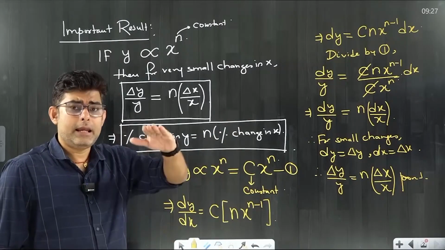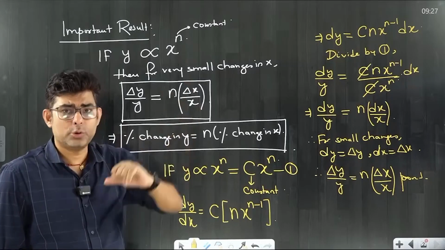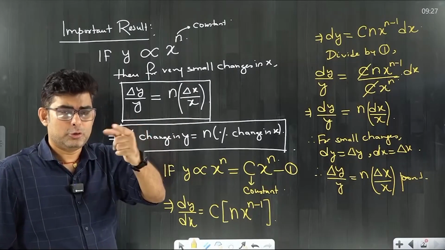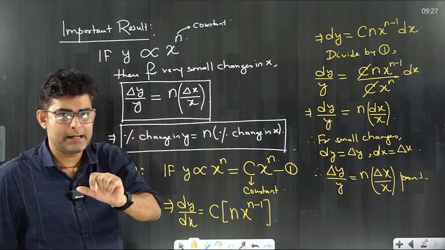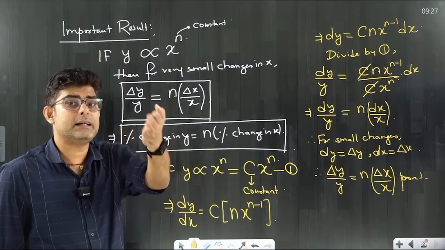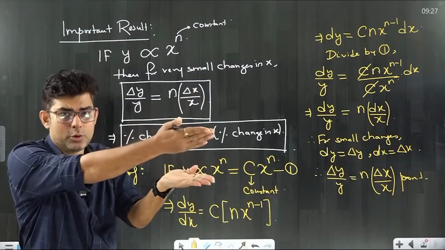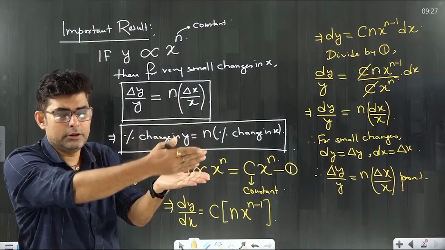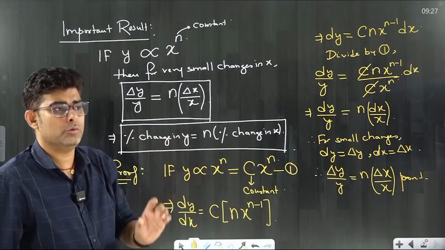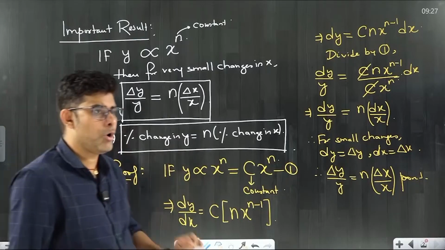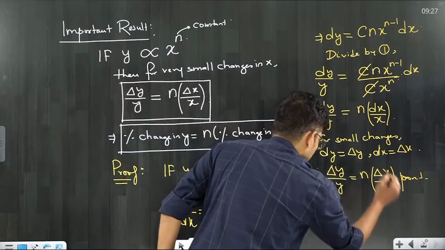If they say x got increased by 200%, that means if x initially was 100, the final value will be 300, so you add 200 more. Understood? So percent means per 100. Kindly try to remember this small thing.